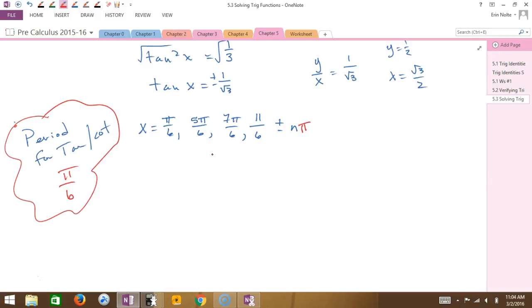The sine and the tangent can only exist in the first and the fourth quadrant, and the cosine can only exist in the first and the second. That comes back. I have to use that scenario. Tangent can only exist in the first and the fourth, so which two answers are not right?